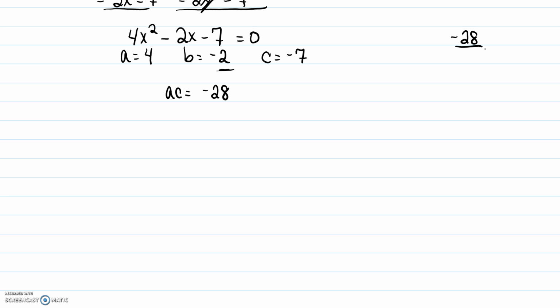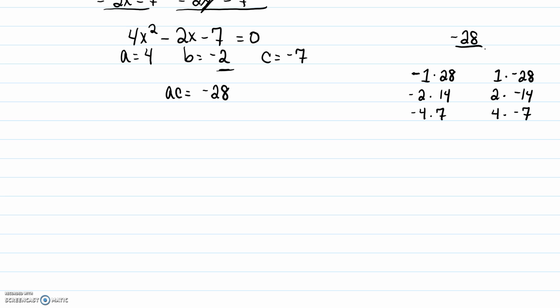So I'm going to start by listing all factors of negative 28. So negative 1 times 28 is a factor, also 1 times negative 28. Negative 2 times 14, also 2 times negative 14. Negative 4 times 7, and 4 times negative 7.